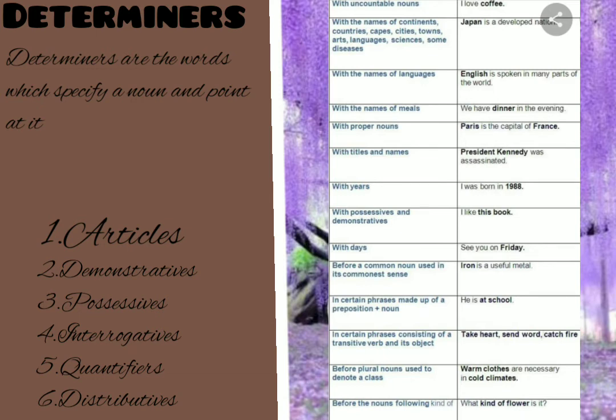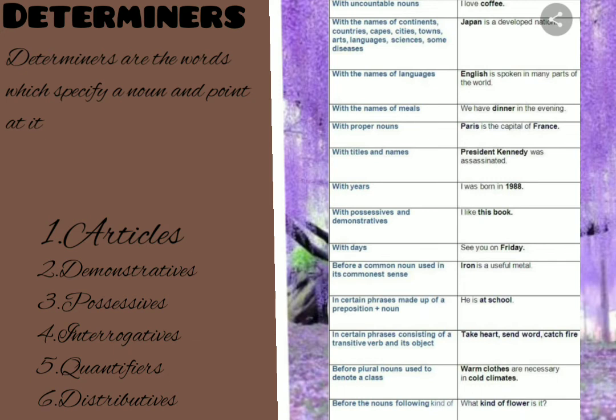In certain phrases consisting of a transitive verb and its object, like take heart, send word, catch fire. Take heart, what is take? That is a verb. Then what is heart? That is the object. Before that we did not say "the take heart" or "a take heart". So we have omitted articles here.